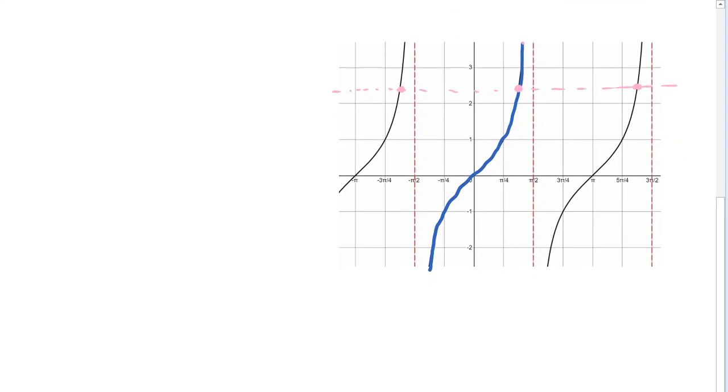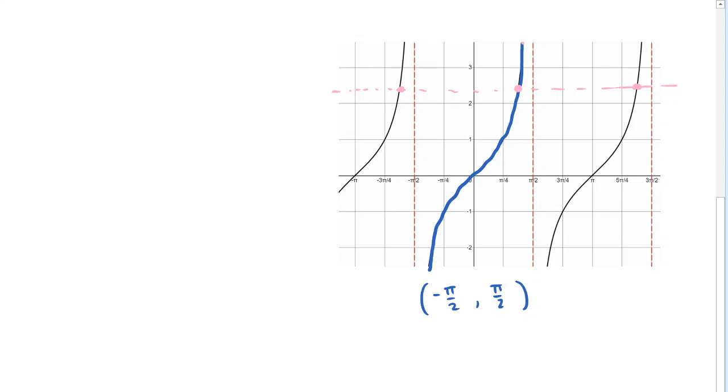And so this part of the tangent function is from negative pi over 2 to pi over 2. Though tangent is undefined at these particular values of negative pi over 2 and pi over 2 themselves, so we can't include these values. Really, tangent inverse is only defined on the open interval from negative pi over 2 to pi over 2. In other words, excluding the boundary values.